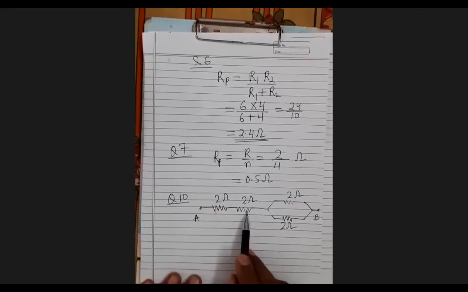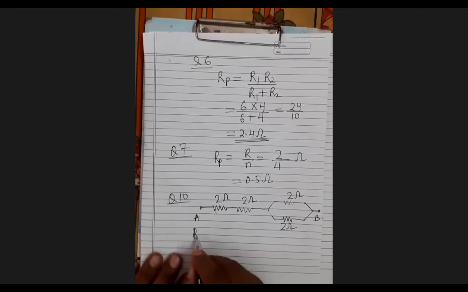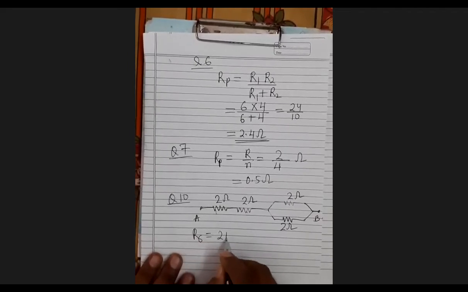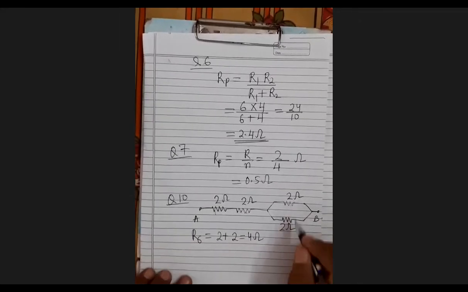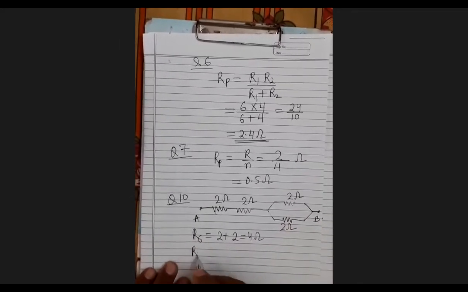These two are connected in series. What will be their equivalent? 2 plus 2 equals 4 ohm. These two are in parallel. So what will be their equivalent? R1 R2 upon R1 plus R2.